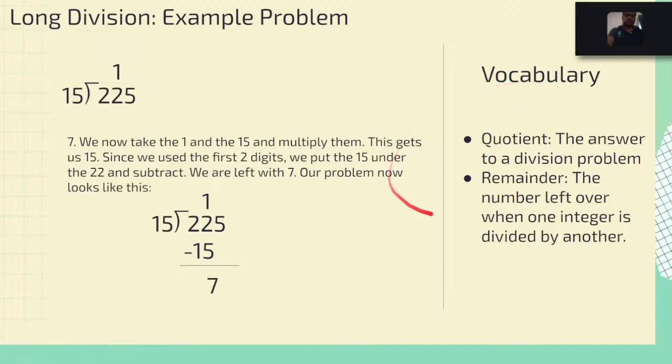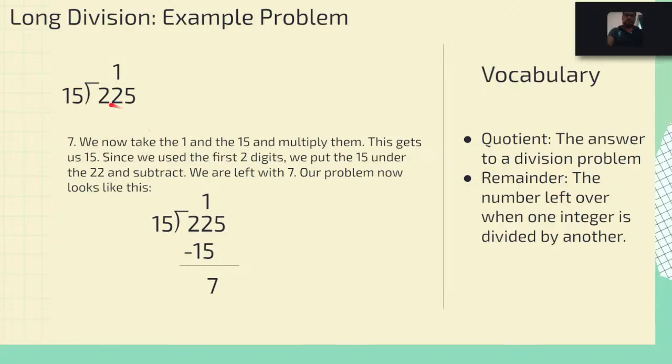And this vocabulary is here in case you forget anything. Alright, so now we can move on to step 7. We now take the 1 and the 15 and multiply them. Remember, anything multiplied by 1 stays the same. 15 multiplied by 1 is 15.